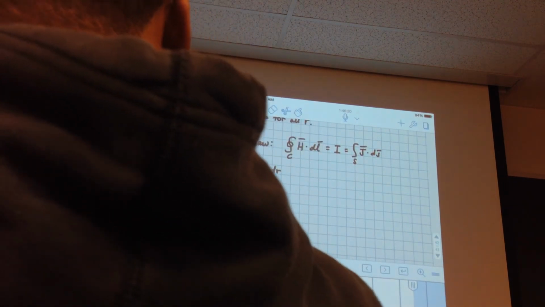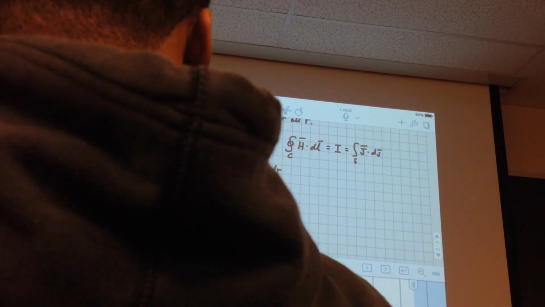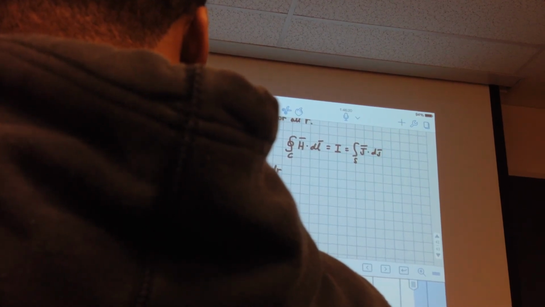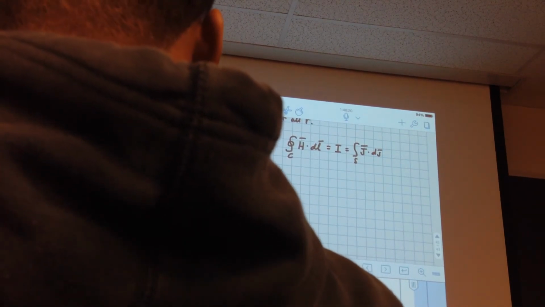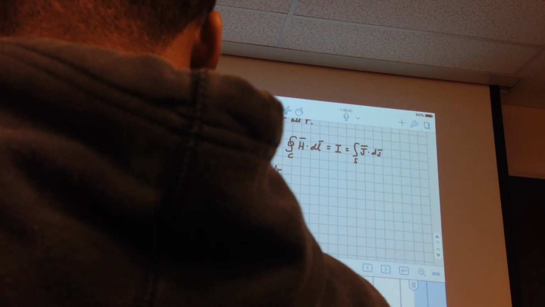I is a constant, so that can come out. Pi over a squared is a constant, that can come out. And then the integral of d phi is 2 pi, that can come out. We're just left with I 2 pi divided by pi a squared times the integral from 0 to r of r dr.